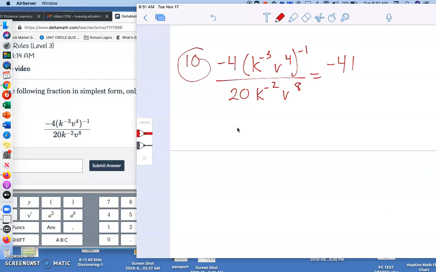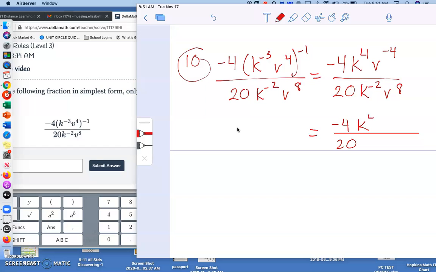So negative 4, k to the 4th, v to the negative 4, over 20, k to the negative 2, v to the 8th. Move our negatives, so negative 4 over 20 stays, k to the 4th stays, v to the negative 4 moves to the bottom, k to the negative 2 goes to the top, v to the 8th.